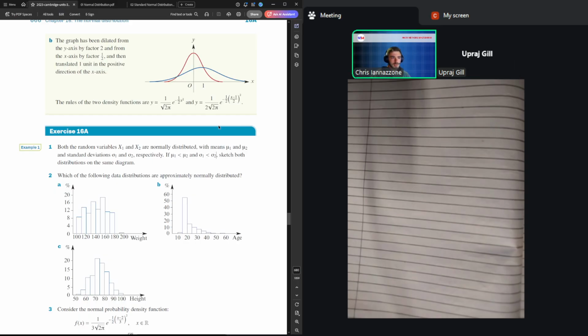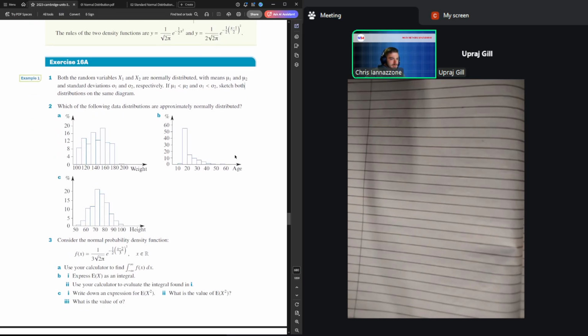Yeah, less spread. So if we compare it to something like this, which one of these has a smaller standard deviation, red or blue? Red. Yeah, red's correct. It's a lot more narrow. It's a lot more condensed into the same set of x values. Sweet.